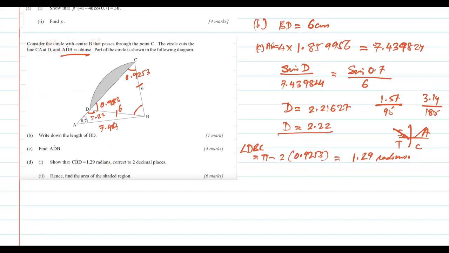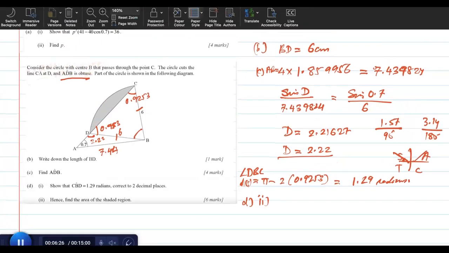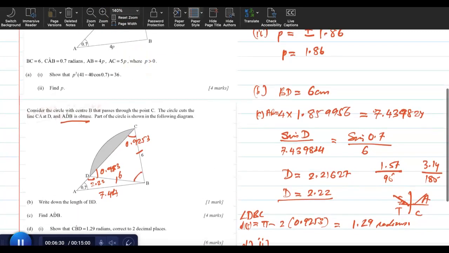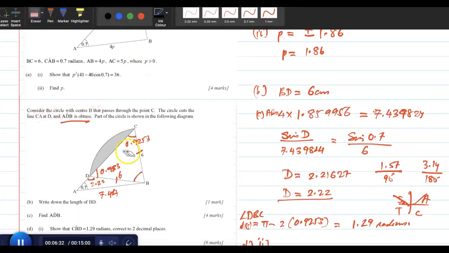So you got D1, and you just use the angle properties and you get that. Now for part D2, you have to find the area of the shaded part. I'm erasing the parts which are not required, and I don't need these parts.